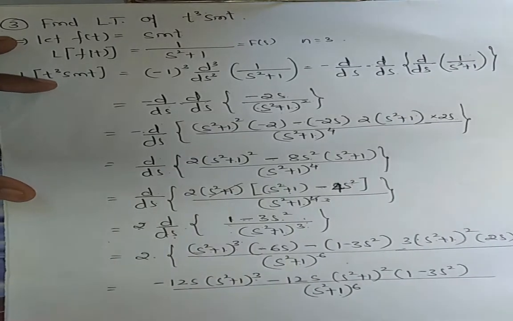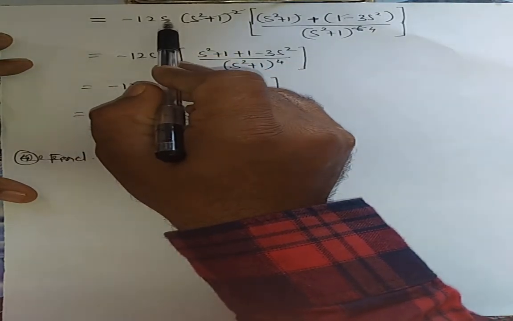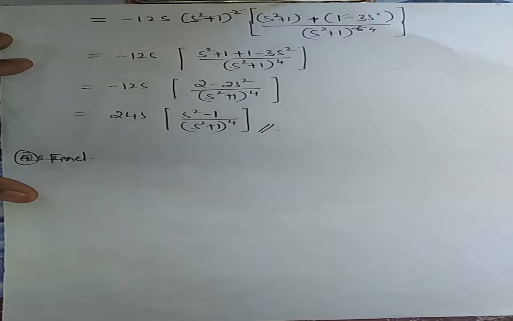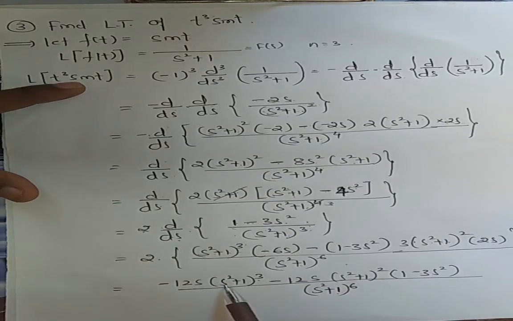Now let us move to the next step, that is minus 12s into bracket. I have taken a common here, see here, that is (s square plus 1) whole square is common and 12s is common, with minus sign I can take a common.